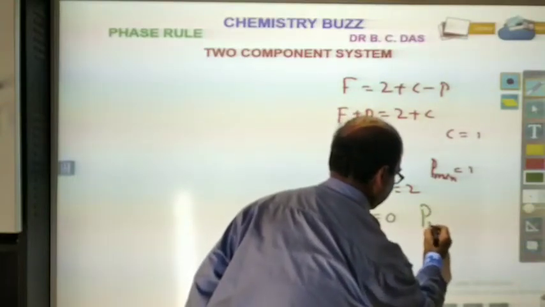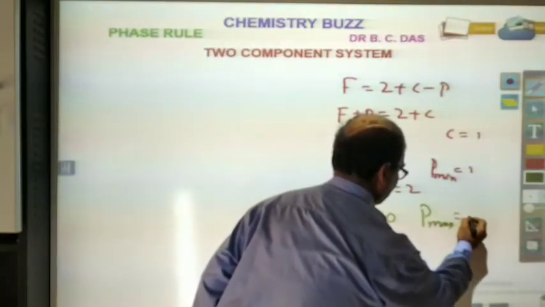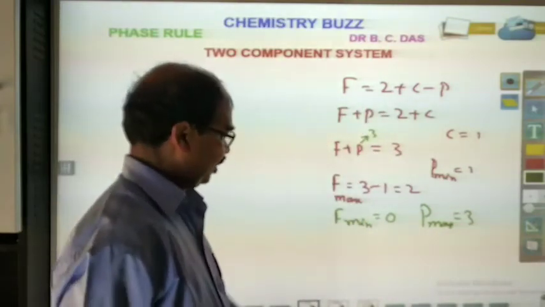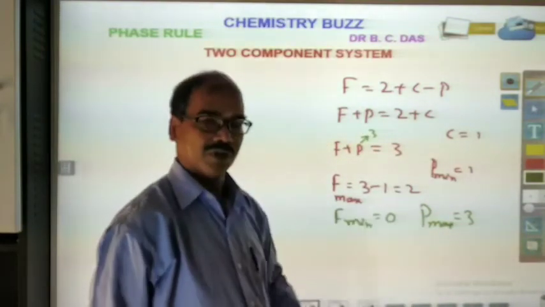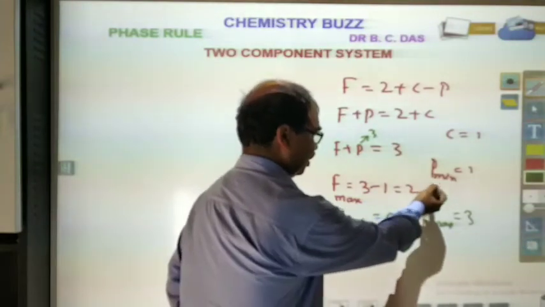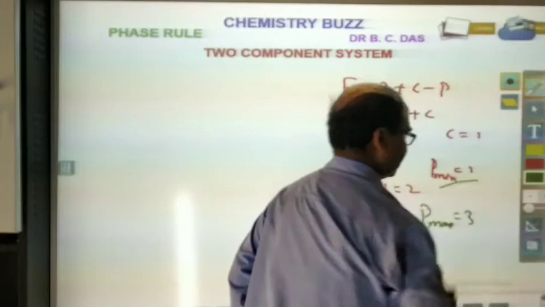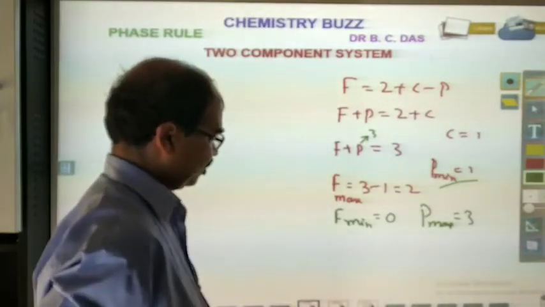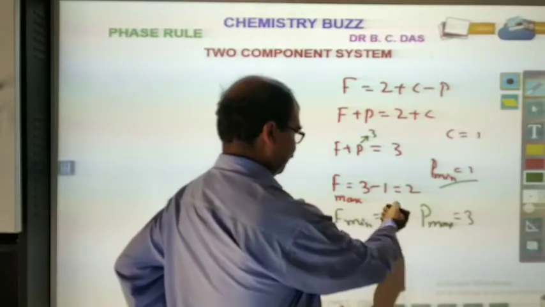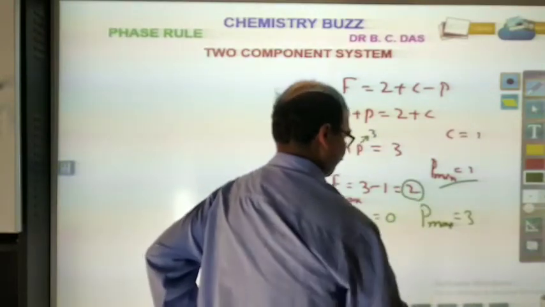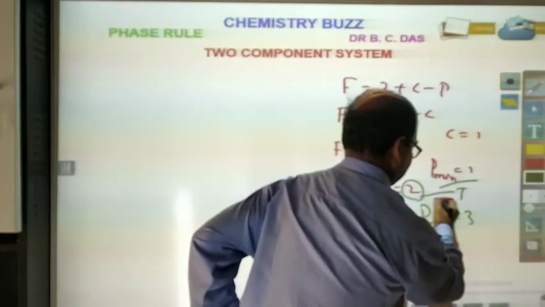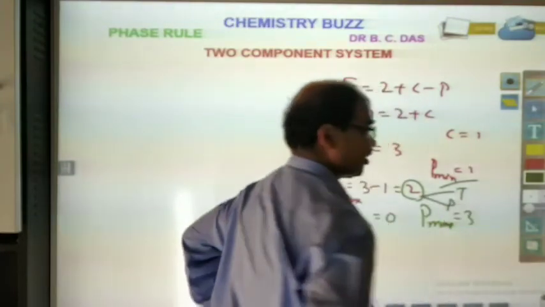So P maximum is equal to 3. When degree of freedom is minimum, number of phases is maximum. When the degree of freedom is maximum, the number of phases is minimum. And for maximum degree of freedom, that is 2, one is temperature and another is pressure.